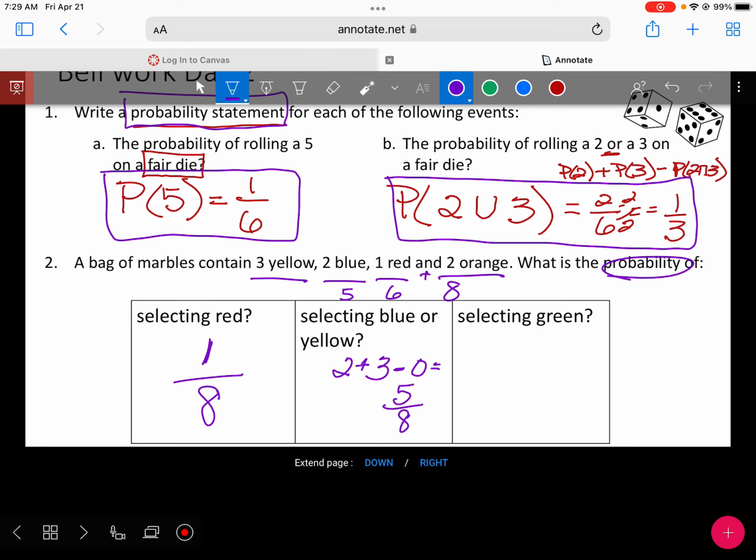All right. Selecting green. How many successes? How many wins do I have with green? Leilani. 0. And 0 out of 8 is going to be 0. What kind of an event is this if the probability is 0?